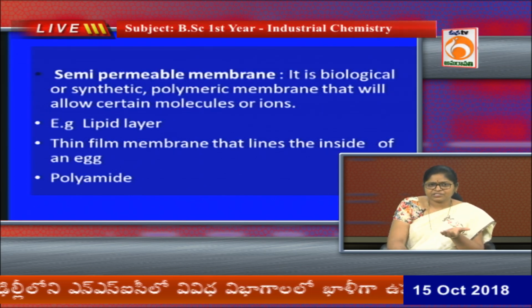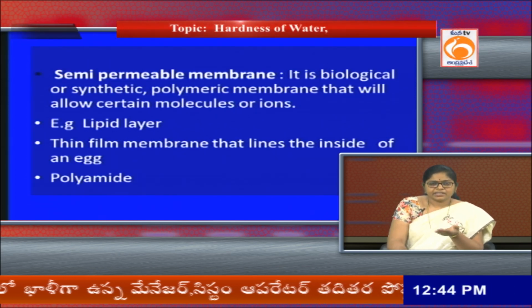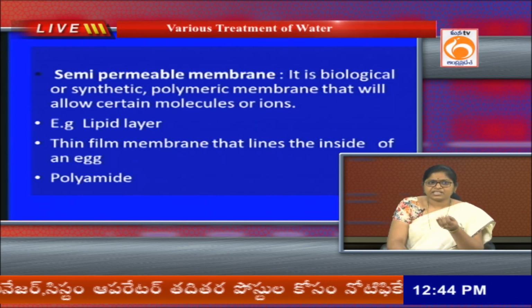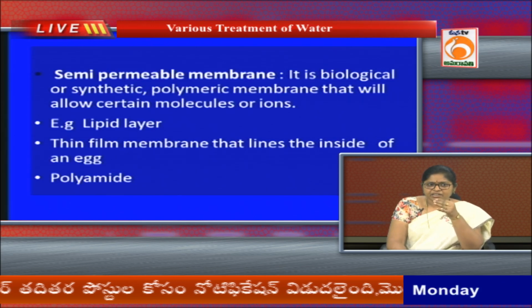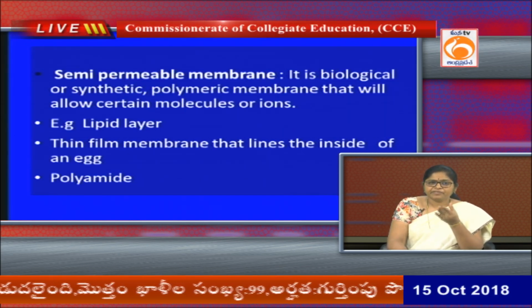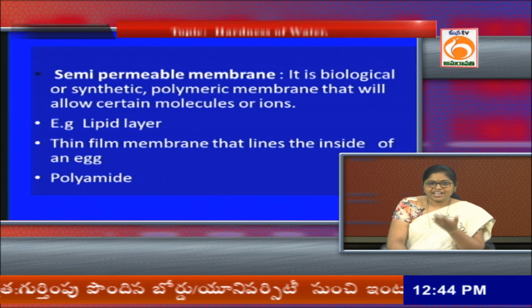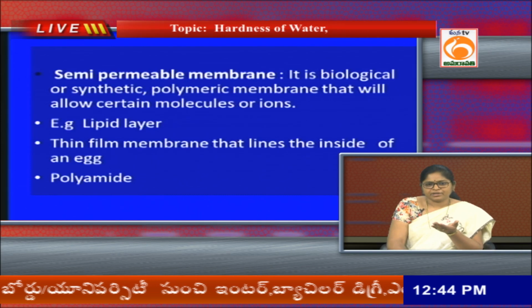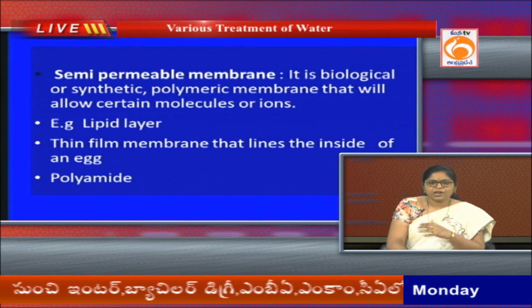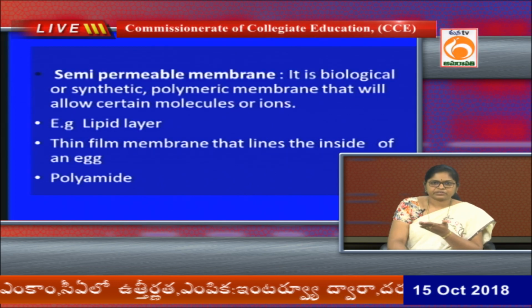All cells have semi permeable membranes, and the best example is the egg shell, under which we have a thin film layer. The thin film membrane also acts as a semi permeable membrane. Synthetic semi permeable membranes are polyamide membranes, and these are used for water purification.